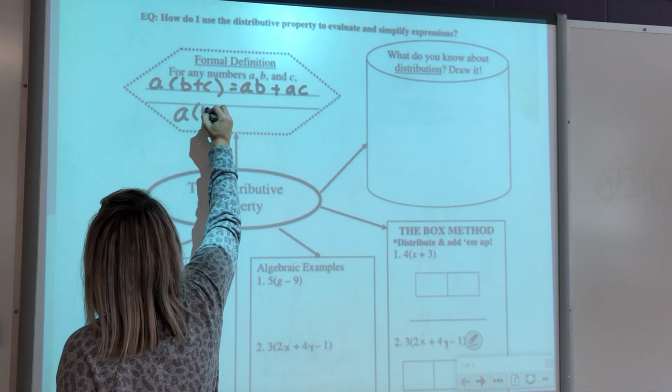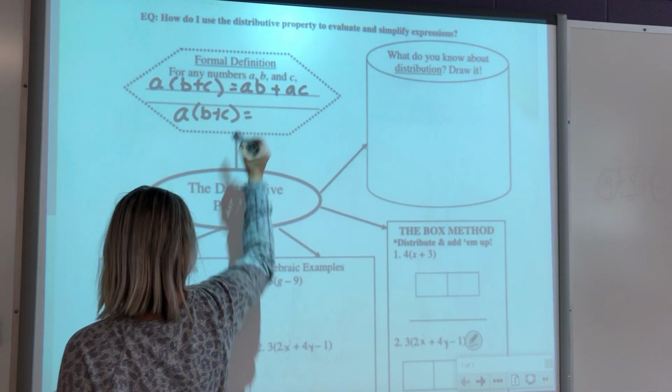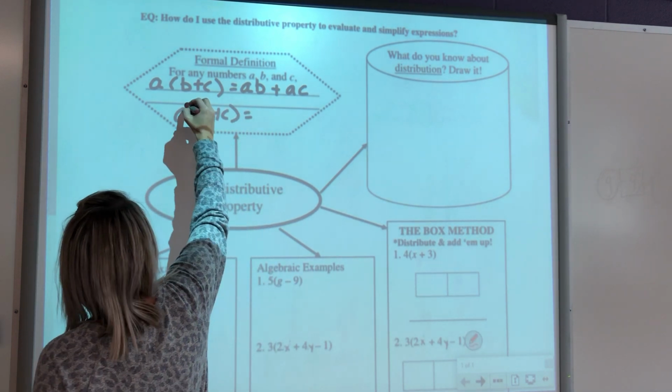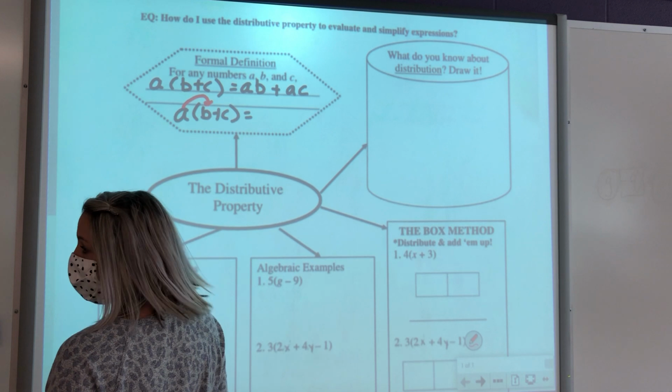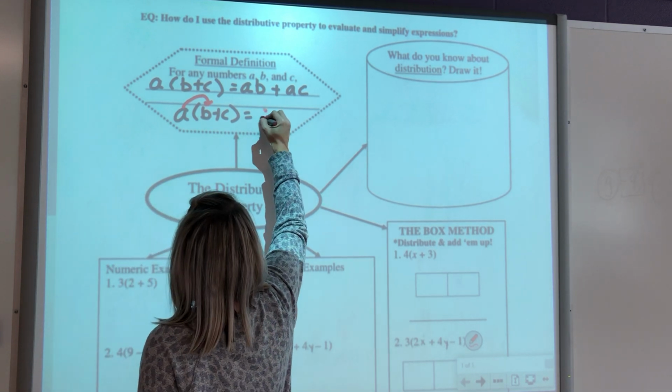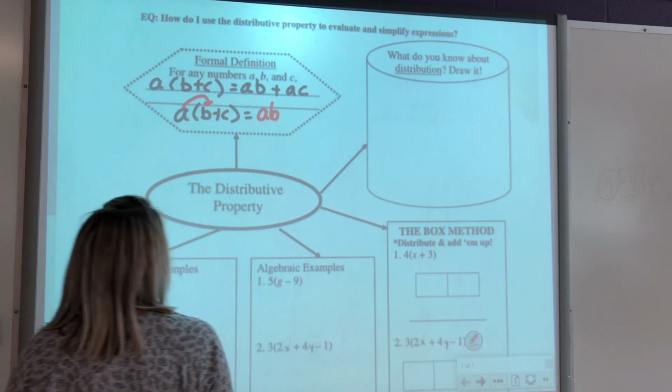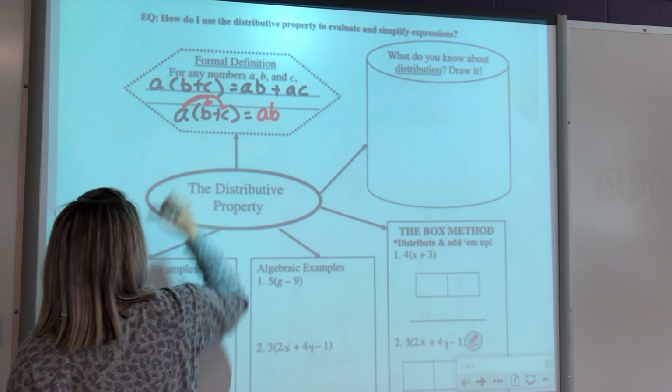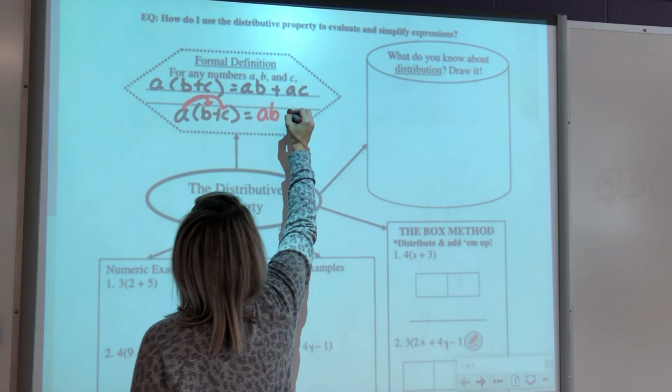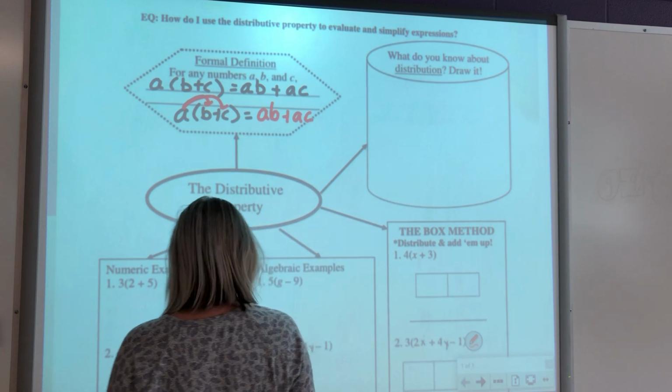So if I have A times B plus C, I draw an arrow. So A gets multiplied by B, so that's A times B. And then A also gets multiplied by C, plus A times C.